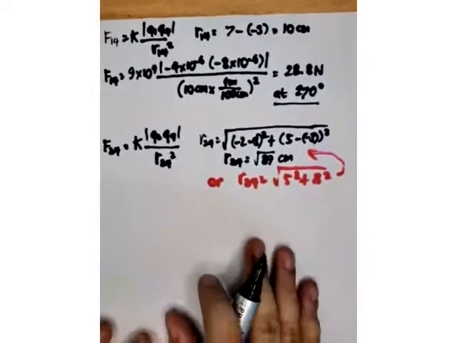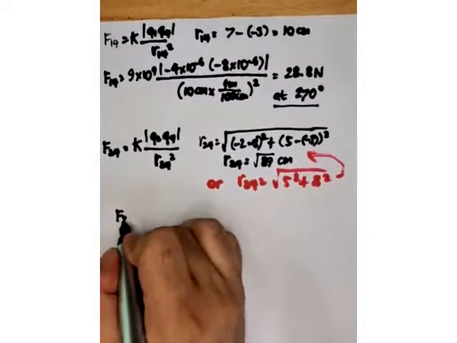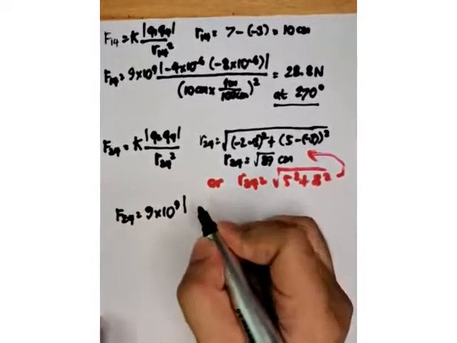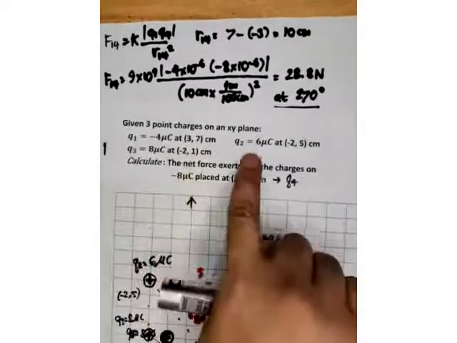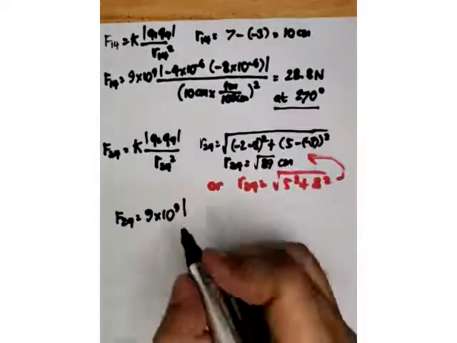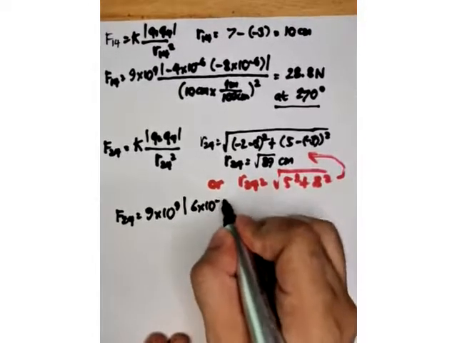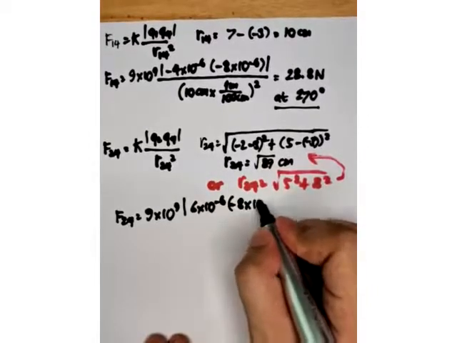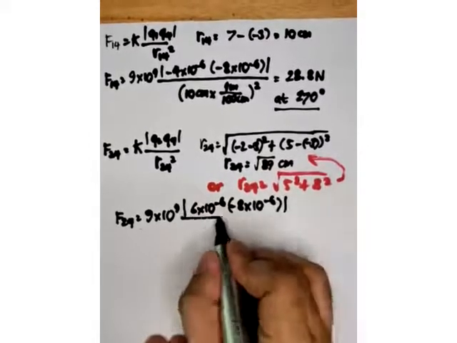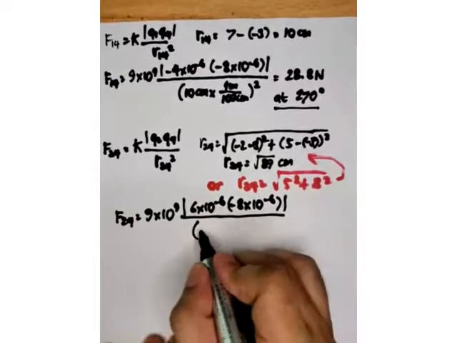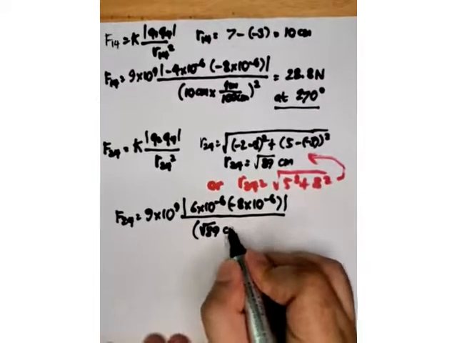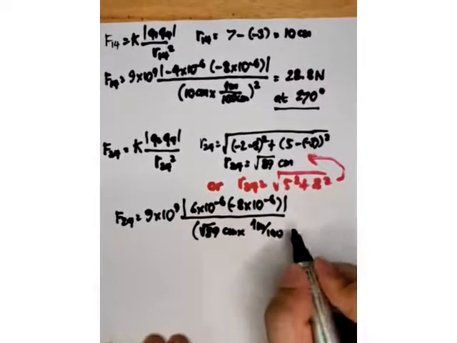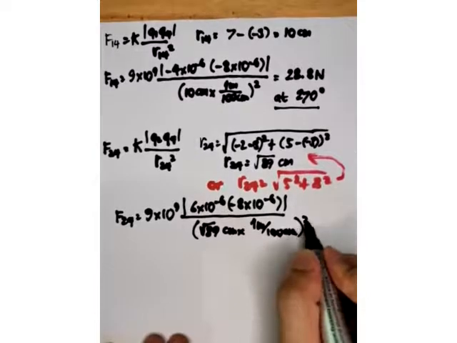So that means yung F of 24 natin ay equal siya sa 9 times 10 to the 9 times ang Q2 natin ay 6 microcoulomb. So that's 6 times 10 raised to negative 6 times negative 8 times 10 raised to negative 6 all over the square root of 89 cm times 1 meter over 100 cm squared.